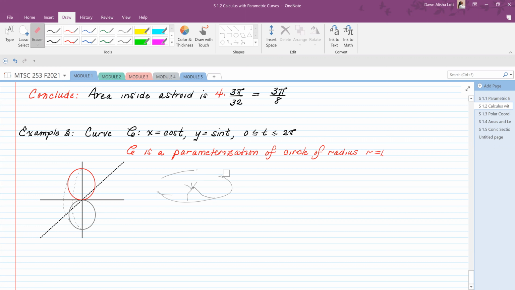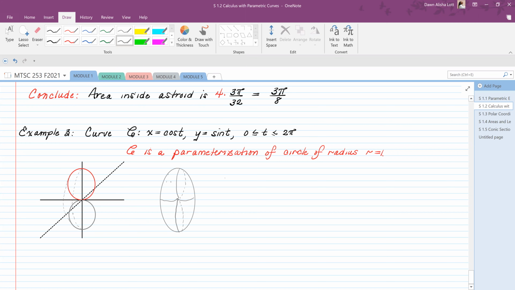So let me see if I can draw that. So it turns out to be something that looks like this, but it's pinched in the middle. Yeah, there we go. That's what it looks like.